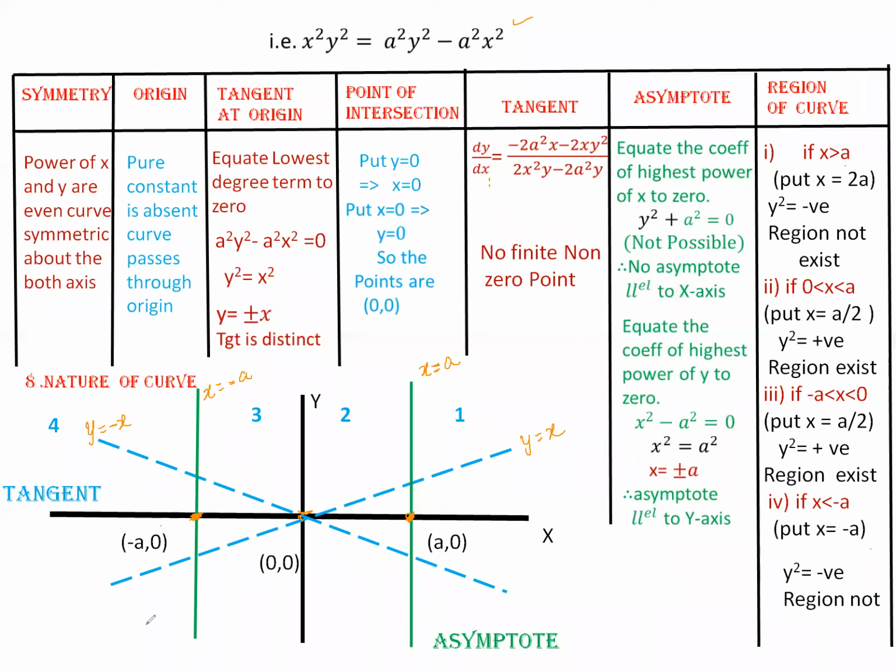So look at this. y equals x, y equals minus x, these are the tangents at origin. x equals minus a and x equals a, these are the asymptotes parallel to the y-axis. This curve we are tracing like this.